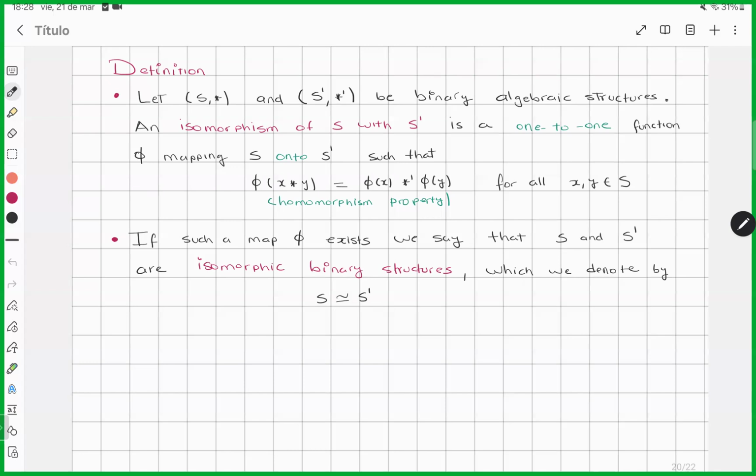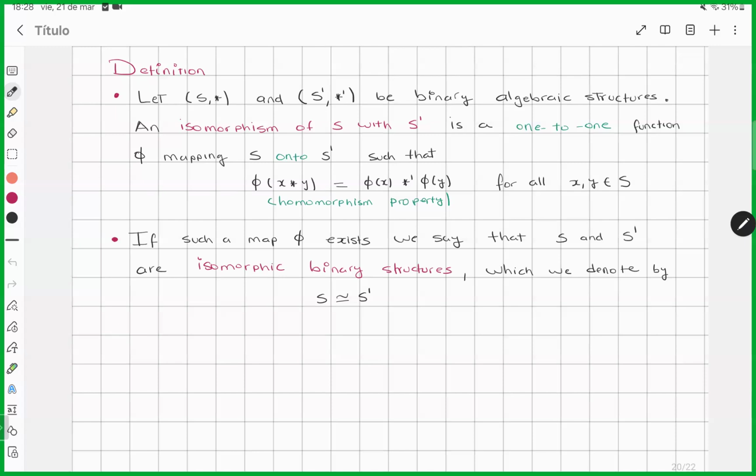So, we can say that these two binary algebraic structures are isomorphic if there exists a map which is one-to-one onto and satisfying the homomorphism property.